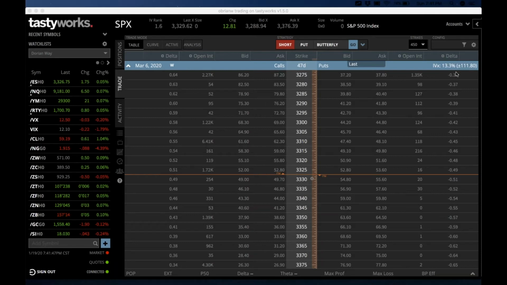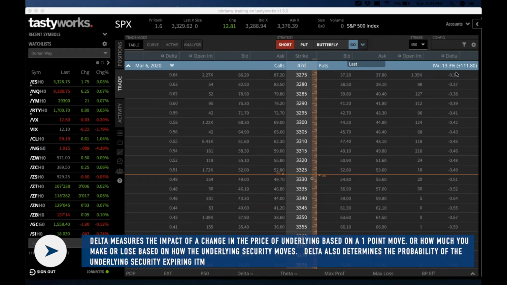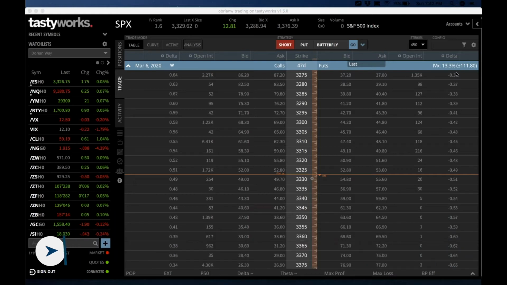So let's jump into Delta. Delta is the most important option Greek of the four major ones that we just discussed, because Delta measures two things. Delta measures, one, your directional risk, and two, your probability of success. When I say directional risk, I mean Delta measures how much you would make or lose based on a 1-point move.